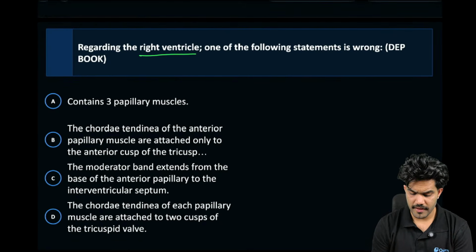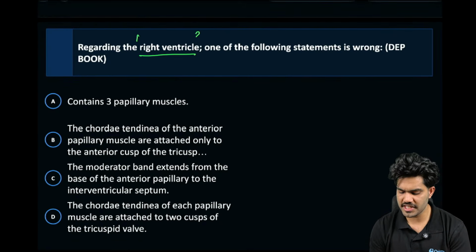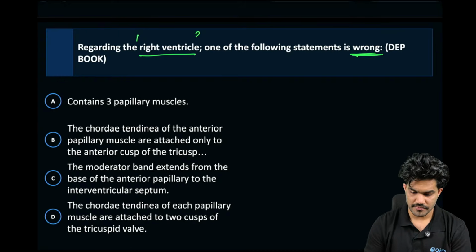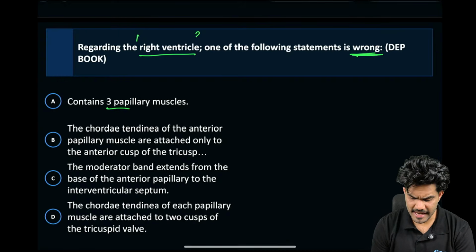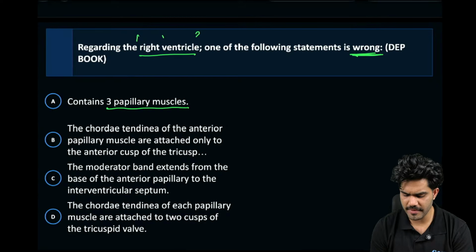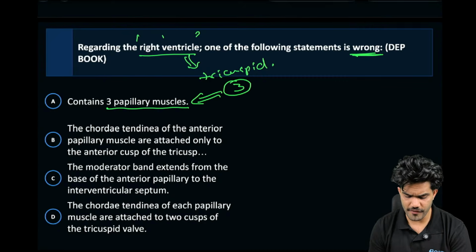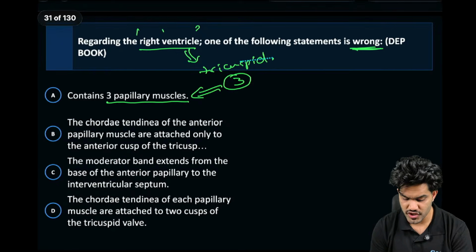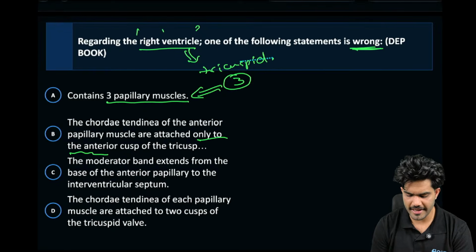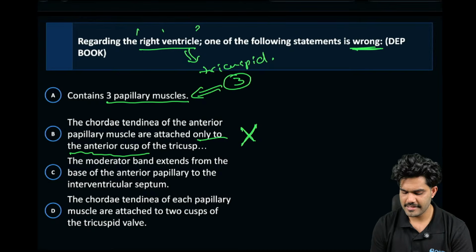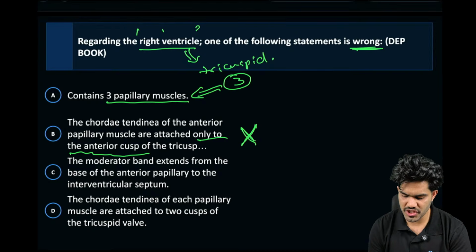Now, the next question. Regarding the right ventricle, one of the statements is wrong. It contains 3 papillary muscles. We all know right side means tricuspid. Tricuspid means 3 valves, 3 papillary muscles. The chordae tendineae of the anterior papillary muscle are attached only to the anterior cusp. No. See how it is attached.